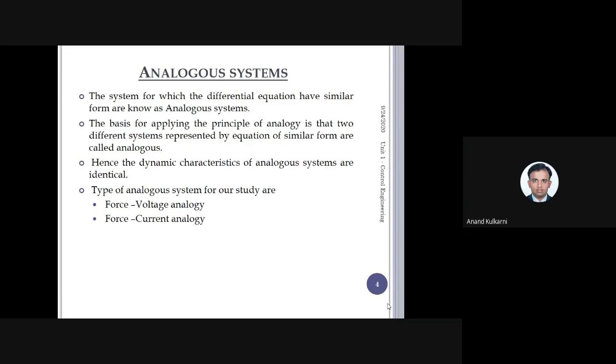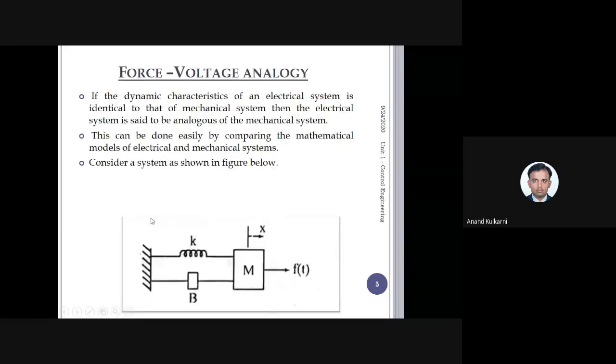So there is one intermediate method which is called analogy. If I know some important parameters of a mechanical system, I can easily compare that with standard electrical systems. Just observe here. We are aware of the system.